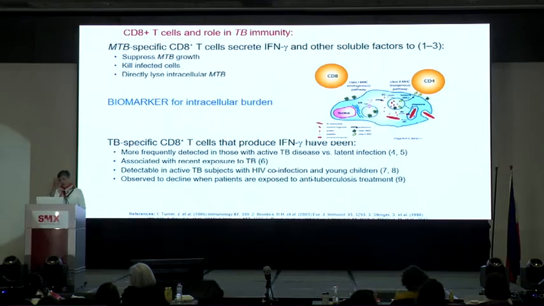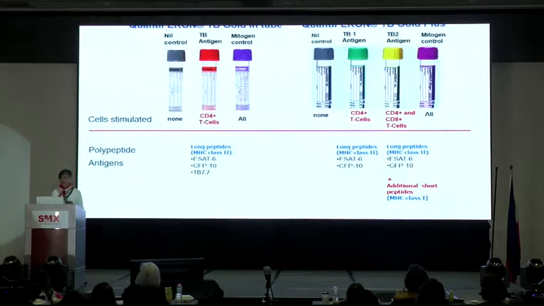And also in young children. And the CD8 response decreases with TB treatment. And these studies that I'm quoting you are all studies using flow cytometry prior to the development of Quantiferon Plus. And this is why these antigens were selected.